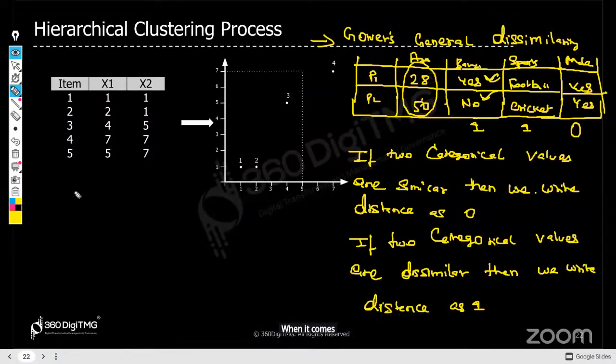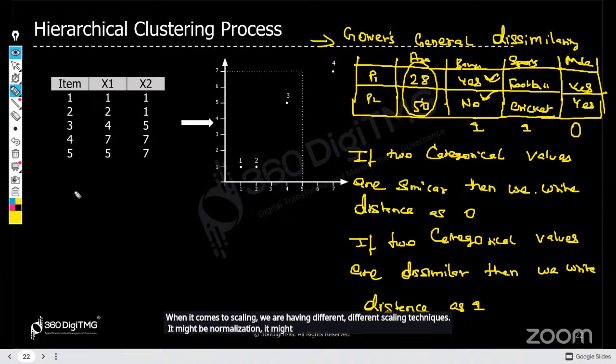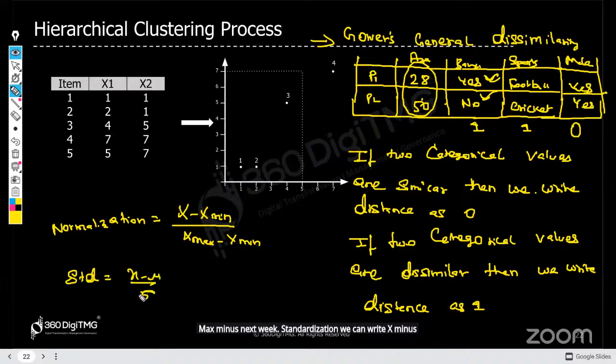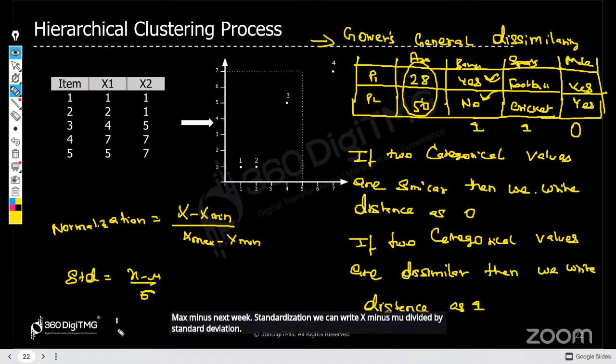If you write normalization, the formula is x minus x min divided by x max minus x min. Standardization, we can write x minus mu divided by standard deviation. In the same way, we also have robust scaling.